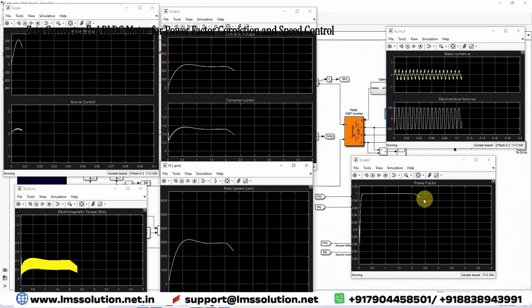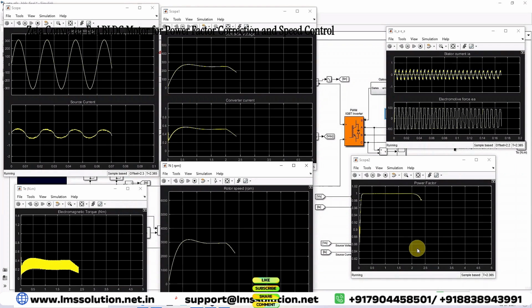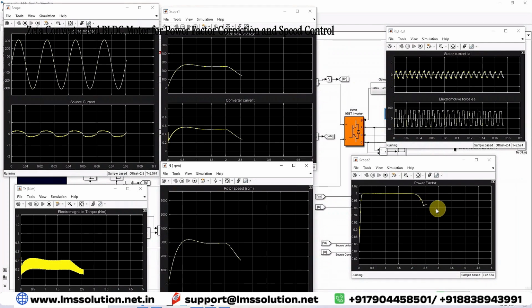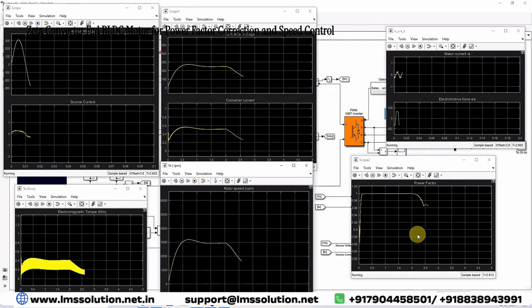Here also you can see the power factor is reducing to 0.98 and then 0.96 during the change of reference voltage, and then it rises once again. We will check that after the voltage reaches 150 volt.